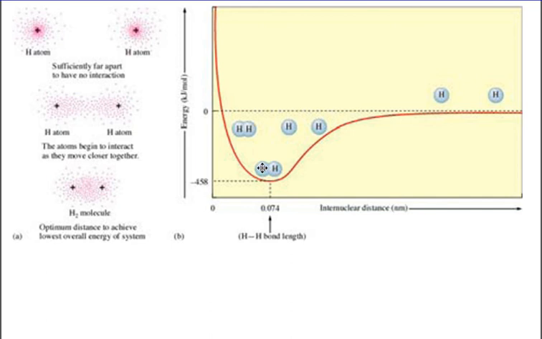This is the distance at which one hydrogen nucleus is attracting both electrons equally to the other hydrogen nucleus. And the positive repulsion forces, the positive energy value from Coulomb's law, is being offset by the negative attraction, the negative energy value from Coulomb's law, from the attraction of a proton for an electron.